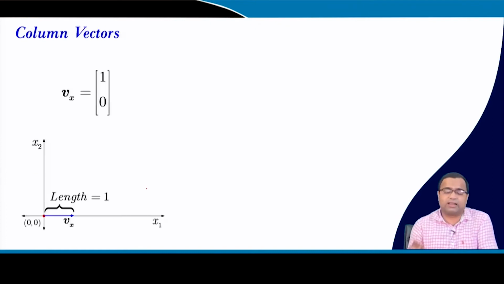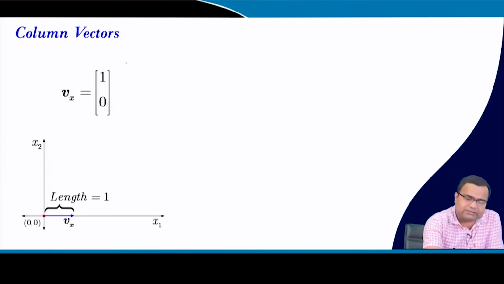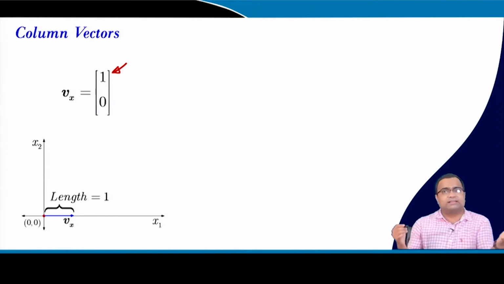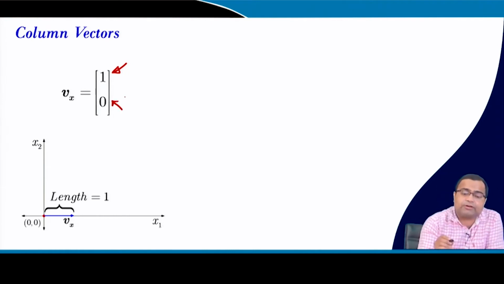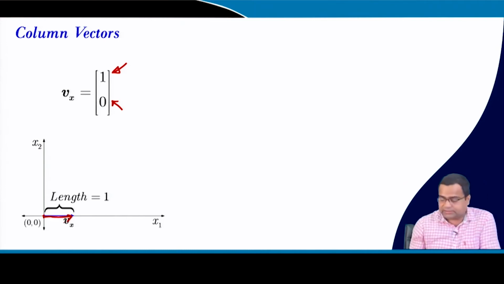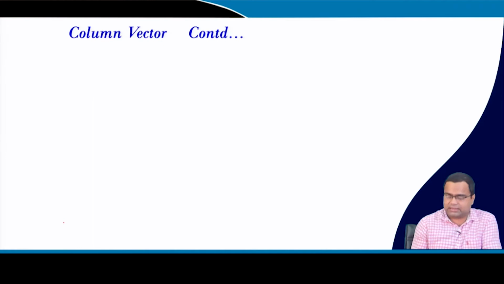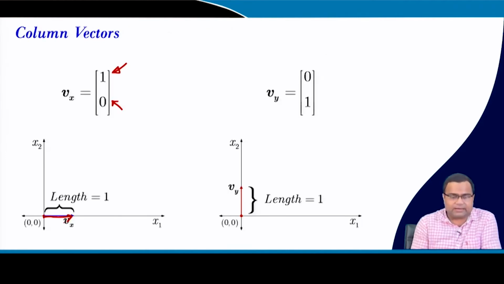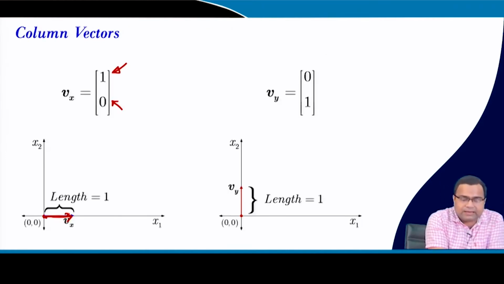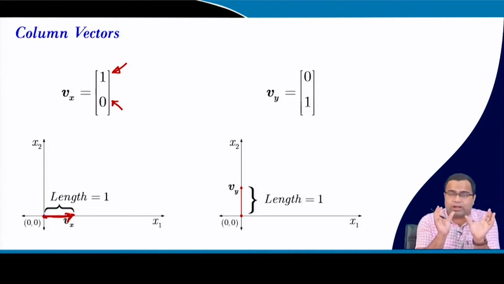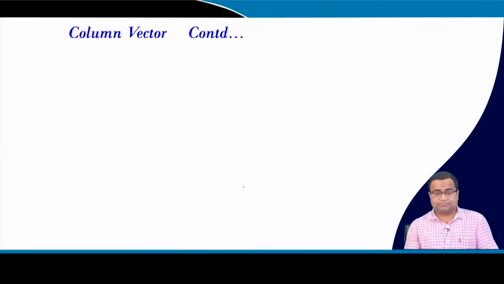So, the first vector has 1 unit component along the x1 axis, 0 unit component along the x2 axis. So, you can write 1 unit length here. That means this Vx vector will simply be a vector consisting of 1 unit length along the x1 axis. Similarly, the Vy vector has 1 unit along the x2 axis, so it will look like this, 1 unit length.